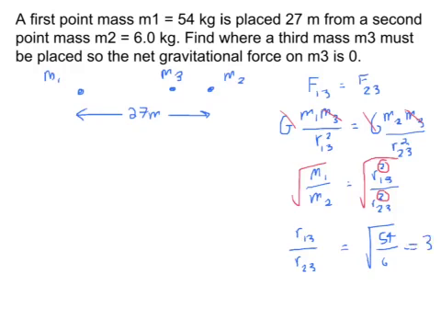Okay. Now here's how we can use this ratio to solve the problem. We're going to find r13 and we're going to find r23, and we're going to do it without using the quadratic formula. So here's an easier way. r13 over r23, that's a ratio, so we could write it as 3 over 1.